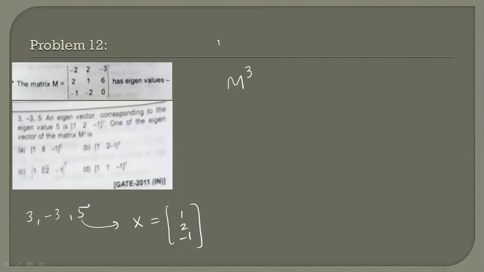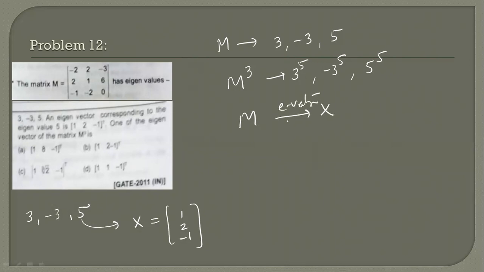If M has eigenvalues 3, -3, 5, then the eigenvalues of M cube will be 3 to the power 5, -3 to the power 5, and 5 to the power 5. But if M has eigenvalue and eigenvector x, then M to the power n has eigenvector also x. The eigenvector does not change.